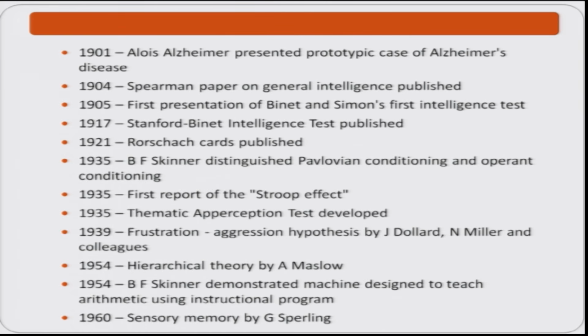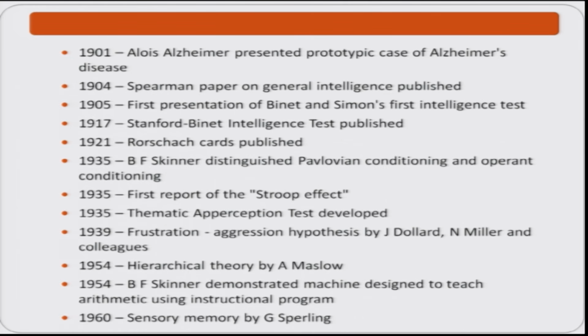The famous Rorschach cards were published in 1921, and in 1935 Skinner made the distinction between Pavlovian conditioning and operant conditioning. The Stroop effect was reported for the first time in 1935, and the same year the thematic apperception test also was developed.